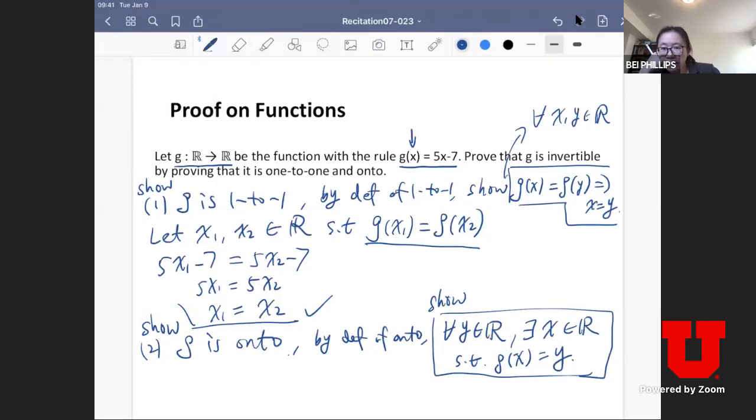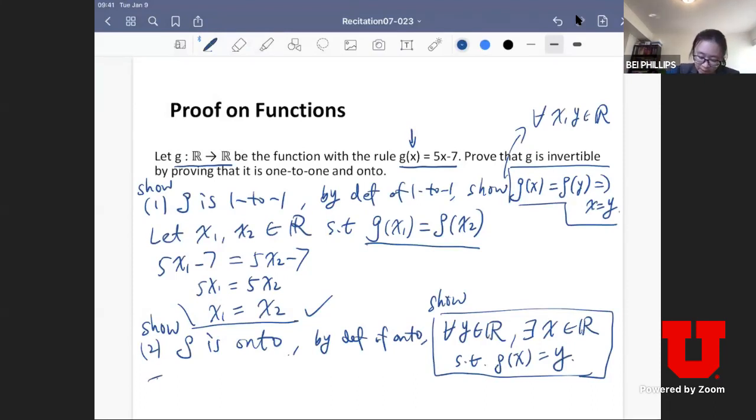Okay. All right. Do we have a volunteer to show how G is onto? We just want to be able to solve for any real number in the codomain. There is a number in the domain that maps to it, right?